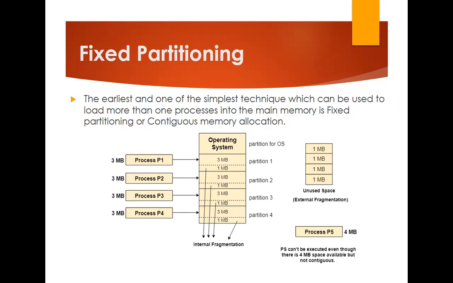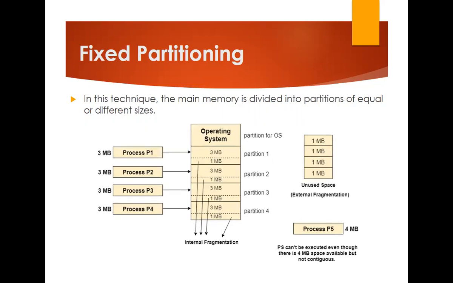Okay, so in the next slides it is explaining, so I am going to continue. In this technique, the main memory is divided into partitions of equal or different sizes. So I can make it, for example, 4 megabytes, 6 megabytes, and 10 megabytes, different partitions. It depends on the system.